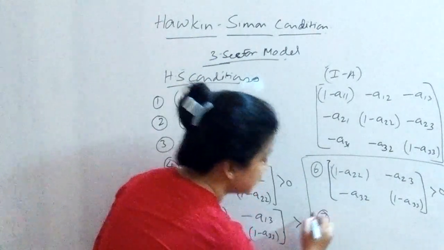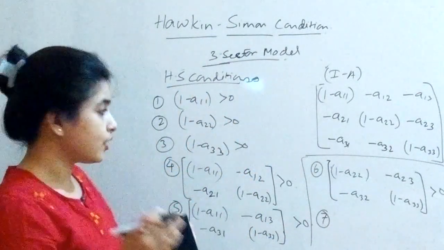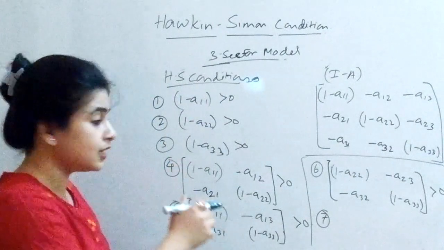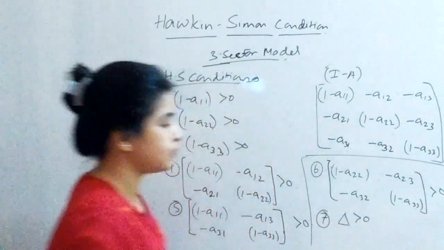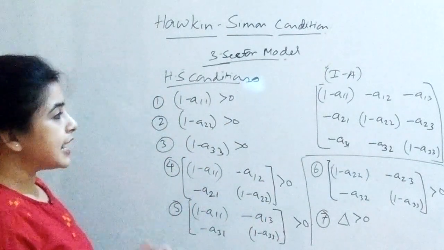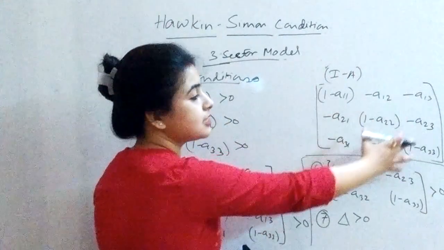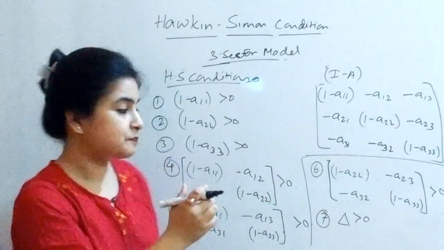Now coming finally to the seventh condition of Hawking-Simon for this three-sector model, that is the delta has to be positive. Now what is delta? Delta is nothing but the value of this I minus A matrix.